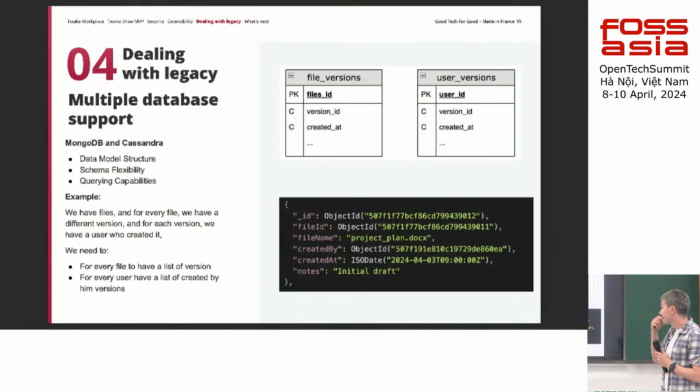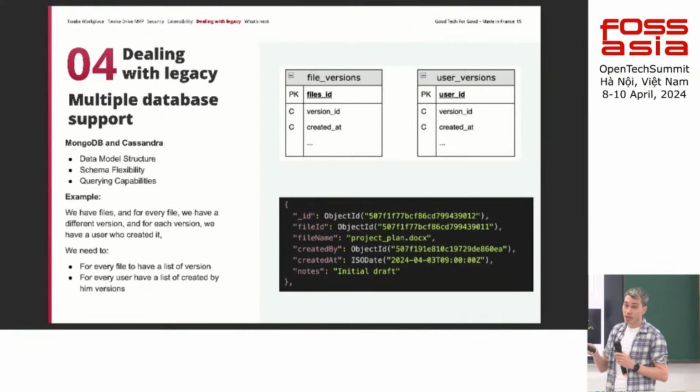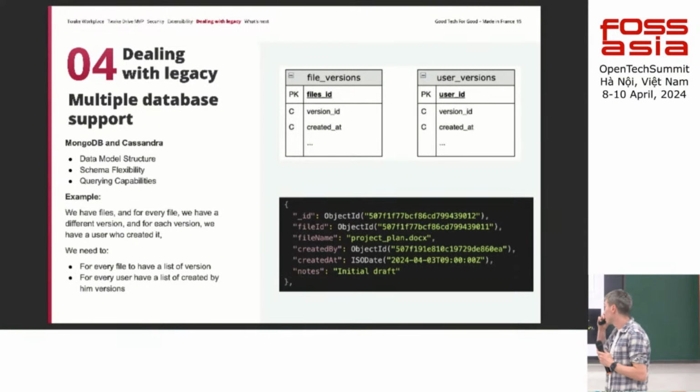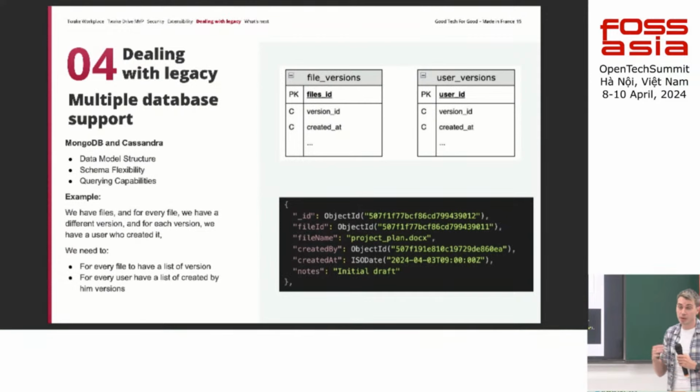And this is the example. In Twake Drive, we have versions for every file, where you can upload or download an exact version of the file. For every file, you need to have a list of versions. And for every user, you want to have a list of versions that were created by that user. In the very first example, in Cassandra, we need two tables to make it work.